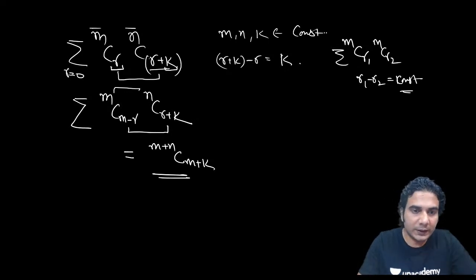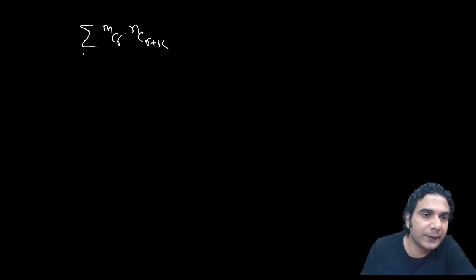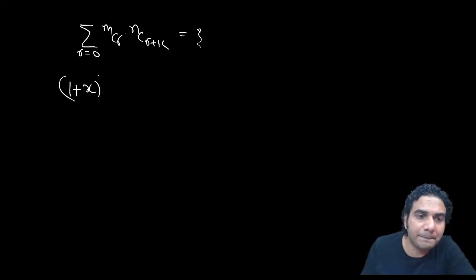Let me explain this. What is this actually? You had this series mCr and nC r plus k, r from 0 to all possible terms. This was required. So what you need to do is expand 1 plus x raised to n.